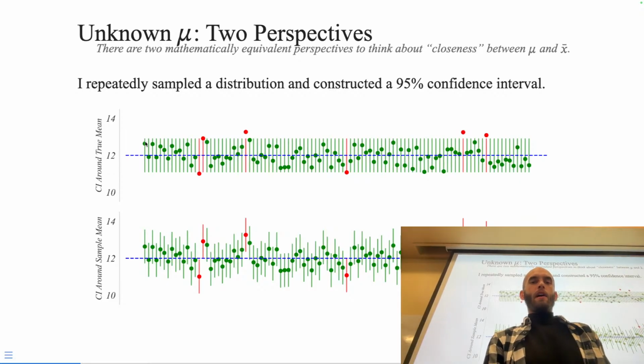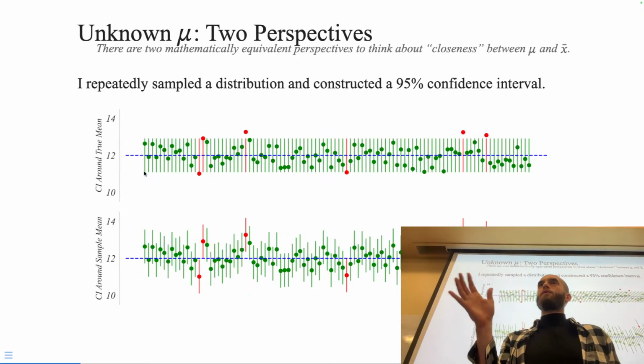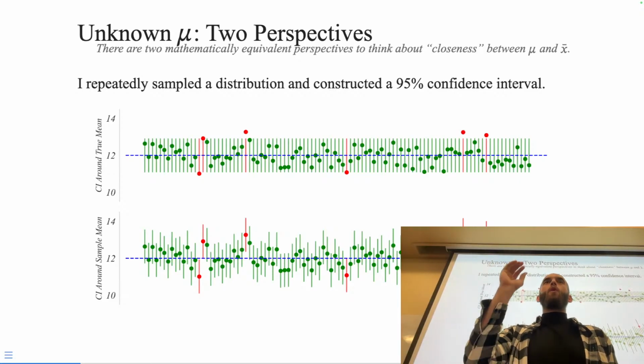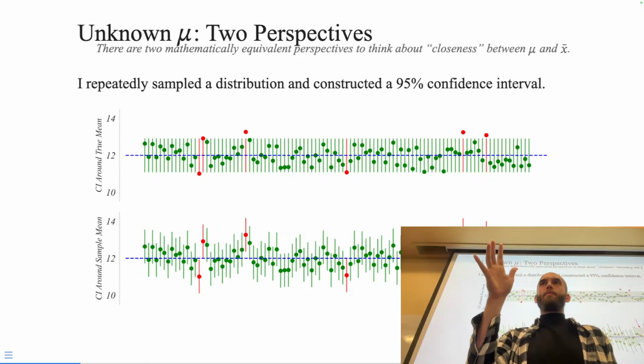These little observations I've put in green, sometimes red. And then I've constructed a 95% confidence interval around the truth. And then just asked, for each one of these 100 samples, is that sample within the 95% confidence interval?